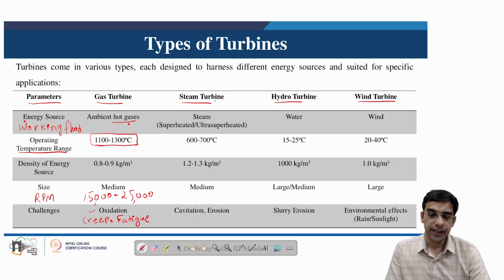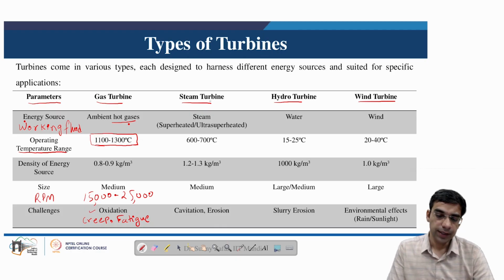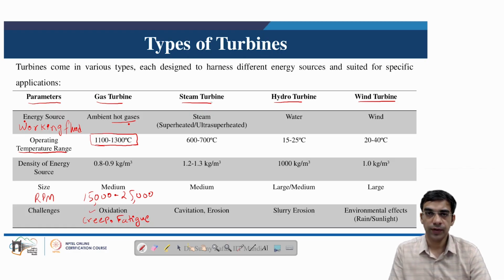Then we look at the second type of turbine which is popularly used in energy generation, the steam turbine. Steam turbines, as we know, function on the Rankine cycle. They are very popular with thermal based heat sources, primarily fossil fuel based coal plants.